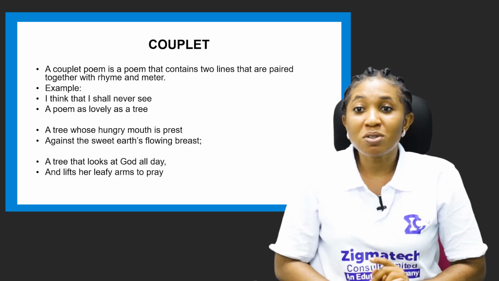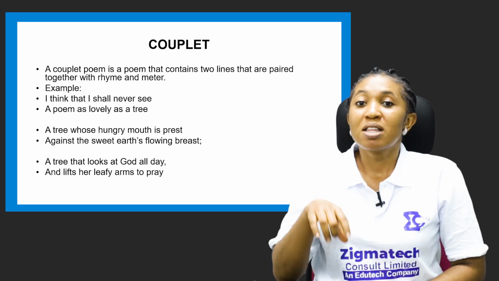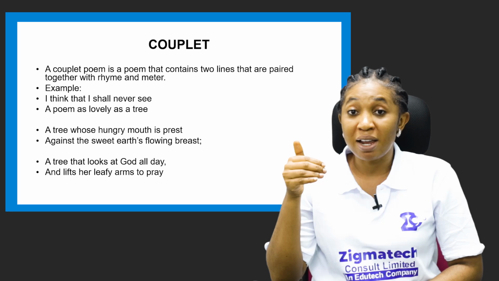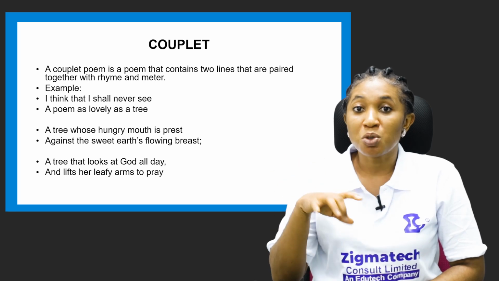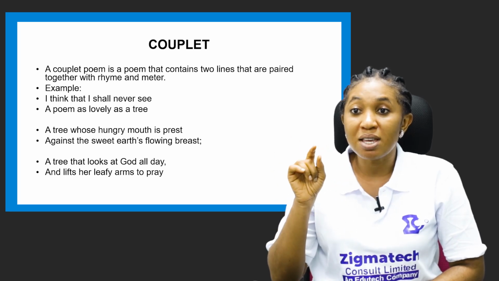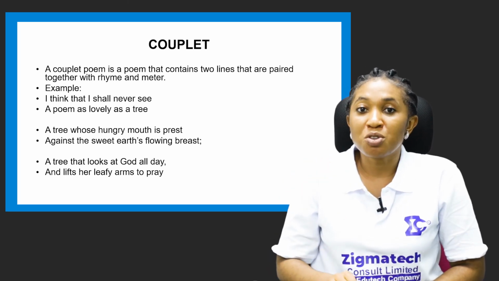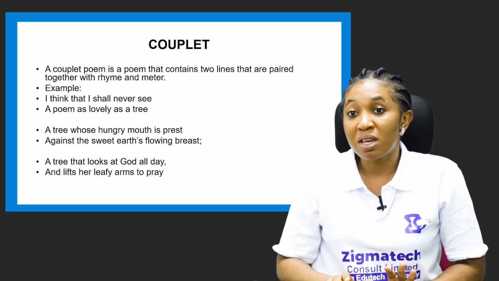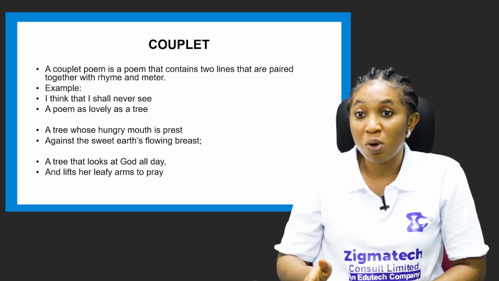Now, did you notice something about the end of the lines? If you look carefully, you see that the words at the end of each line rhyme. For example, in the first stanza we have see and tree. So we have the long sound E, see and tree. If we look at the rhyme scheme of the first stanza, it is A, because the end words rhyme.